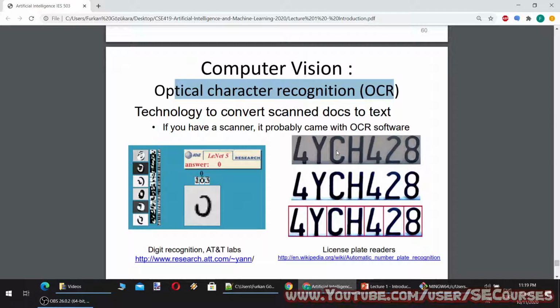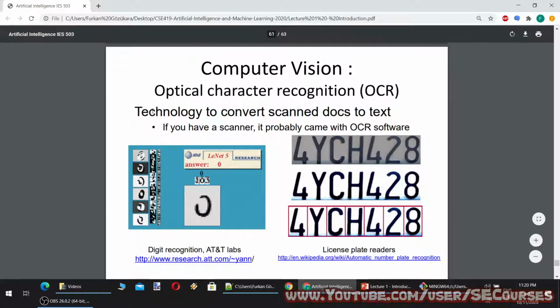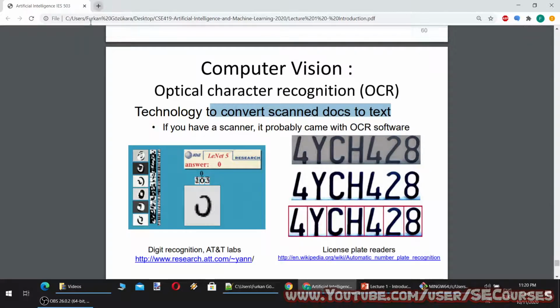For example, our speed radar systems are already using optical character recognition to recognize your car plate, and if you are going over the speed limit, they issue a fee to you, so you have to pay that. Or technology to convert current text documents to text. For example, Google uses this a lot for Google Books.